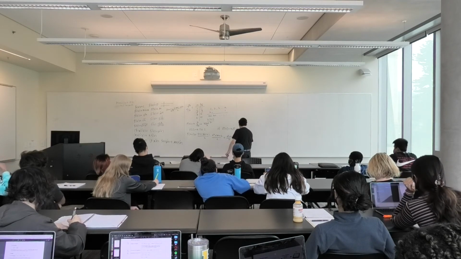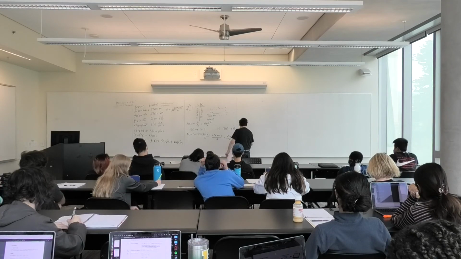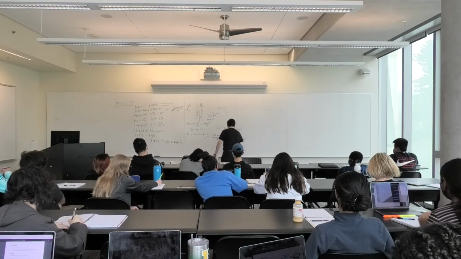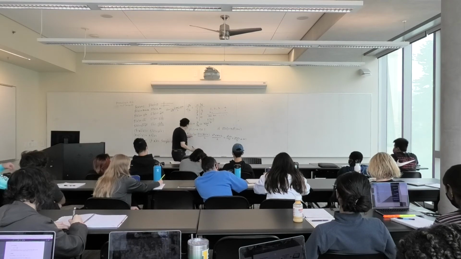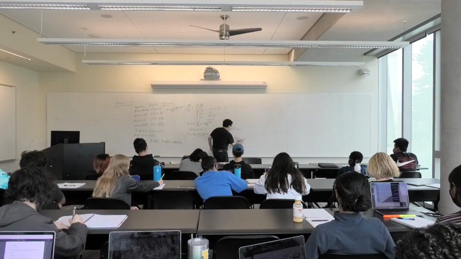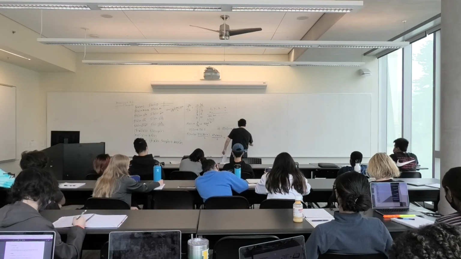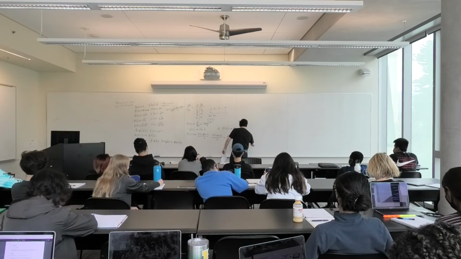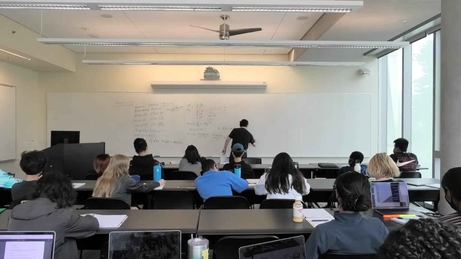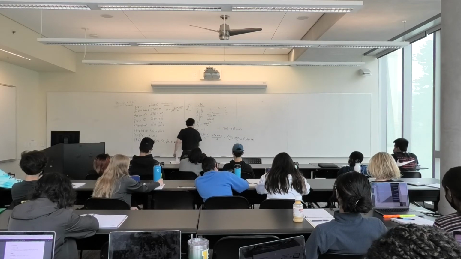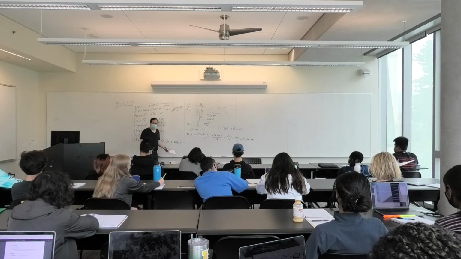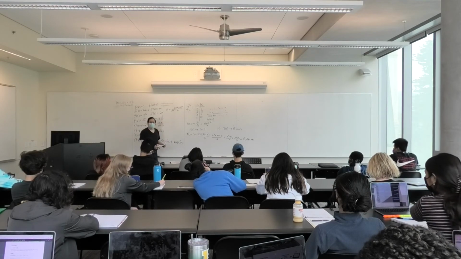Well, that's just the sum up to n, plus n plus 1. So I've shown that. Well, that's just what P sub n plus 1 is, right? We just added the next number.